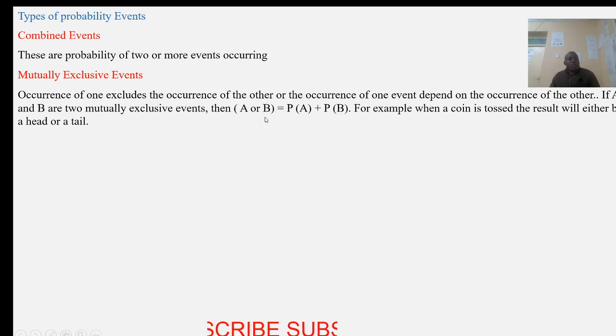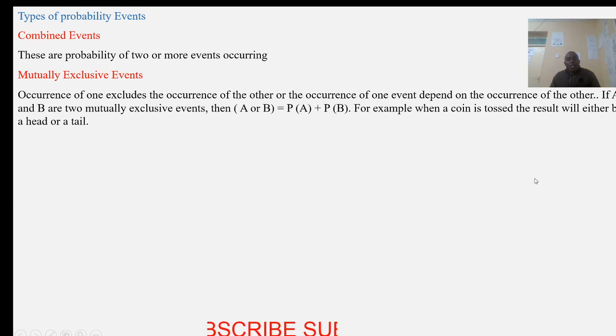Both of them cannot occur. When we use the term or, it means you add, and when we talk about and, we multiply. So probability of A or B is probability of A plus probability of B.